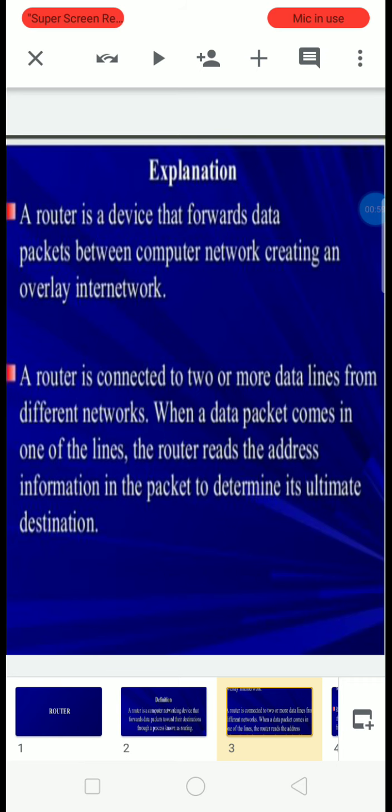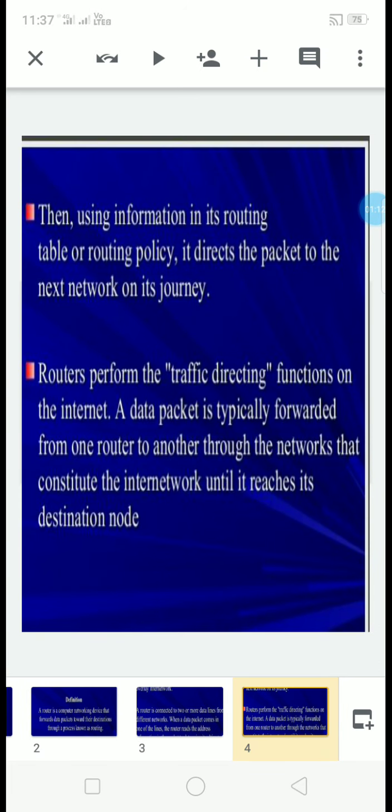A router is a device that forwards data packets between computer networks, creating an overlay internet. A router is connected to two or more data lines from different networks. When a data packet comes in on one of the lines, the router reads the address information in the packet to determine its ultimate destination.